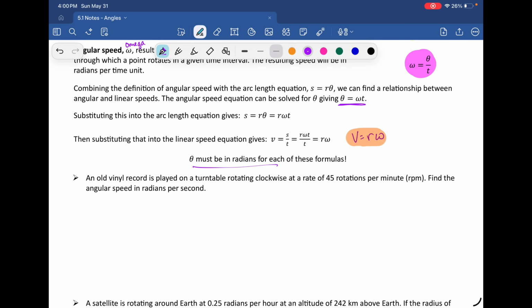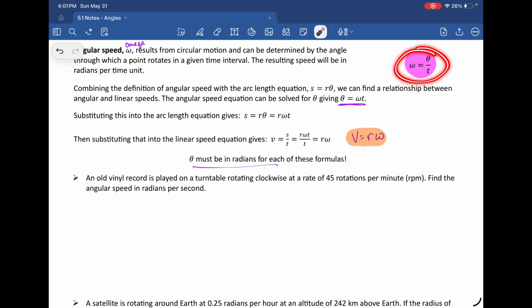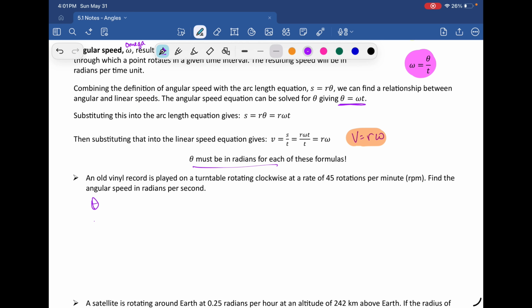An old vinyl record is played on a turntable rotating clockwise at 45 rotations per minute. Find the angular speed in radians per second. Angular speed, omega equals theta over time. I need a theta and I need a time.